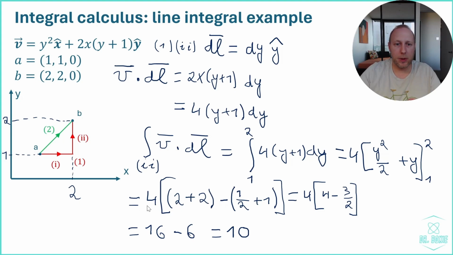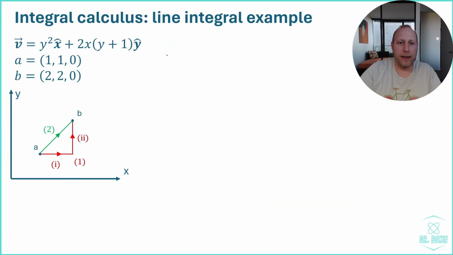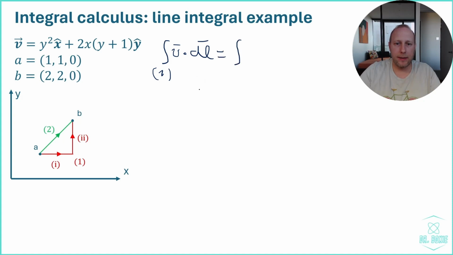And now to sum up, what we want to do is to calculate the full line integral along path 1. And that line integral along path 1 is the sum of the integral along part 1 of path 1 plus the integral along part 2 of path 1.